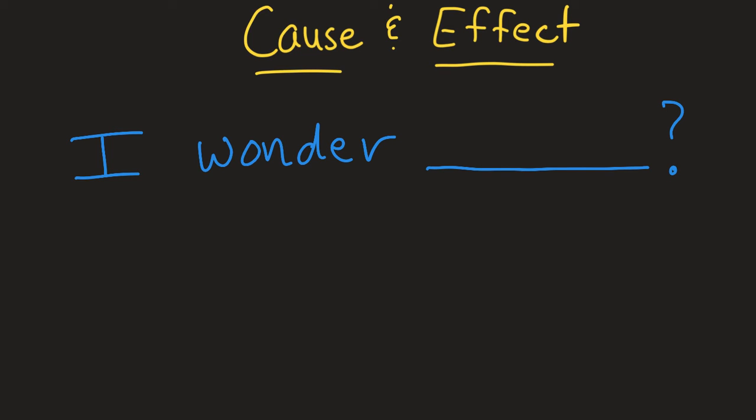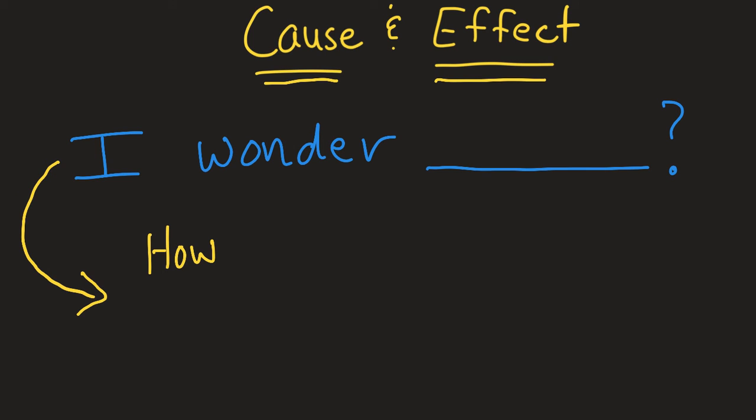The way we're going to make that better is to start phrasing our question to include some type of cause and effect. We want to have two specific things in our question, because then we can look at what happens when we do something.